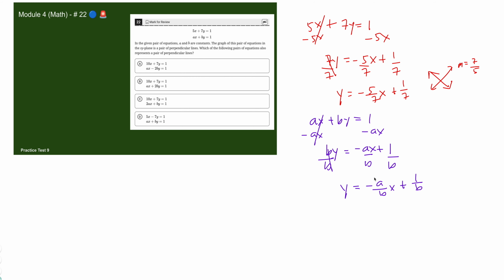So we want -A/B to be the same as 7/5. That would make this line perpendicular to the other line. So -A/B, we want that to be equal to 7/5.